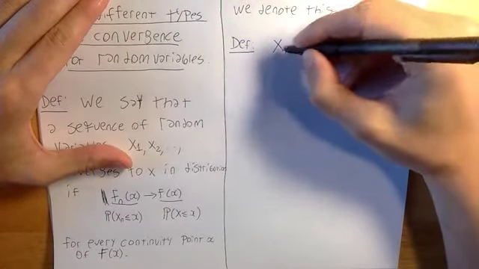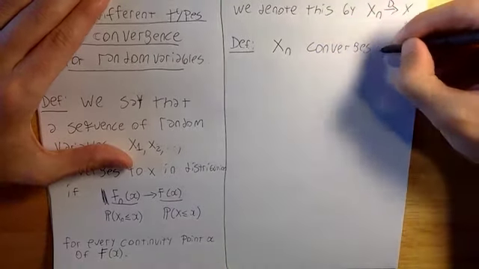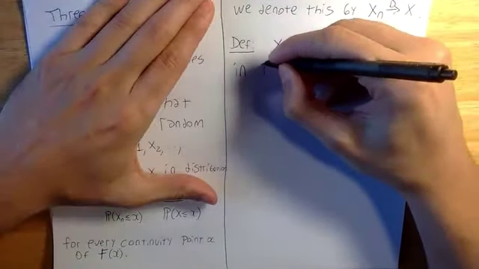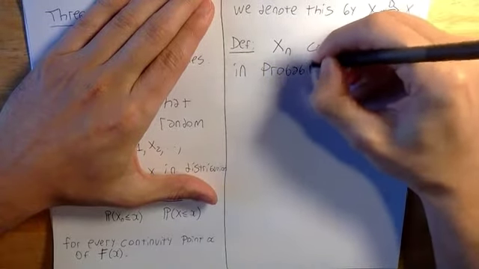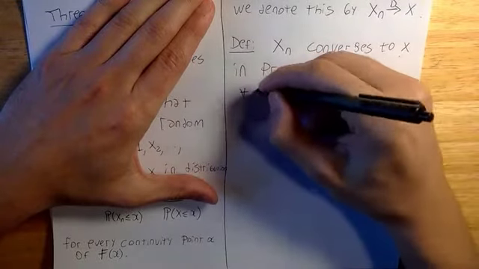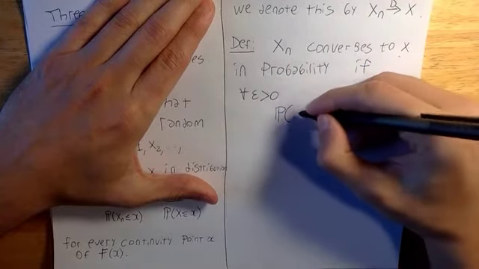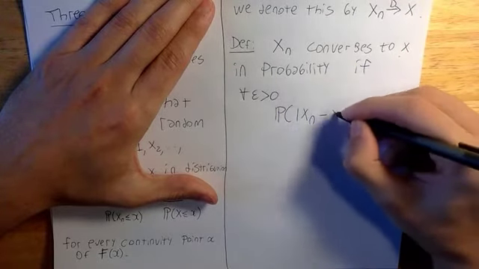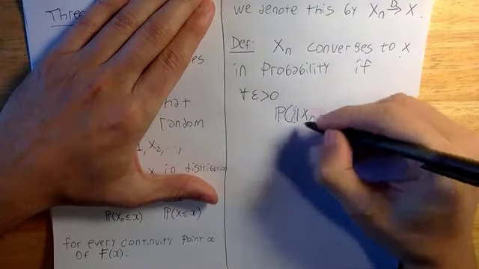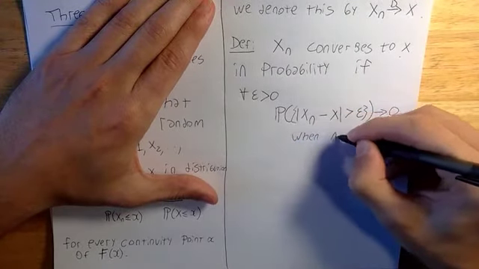Okay, so similarly, xn converges to x in probability if for every epsilon positive, the probability that the absolute value of the difference xn minus x is bigger than epsilon, okay, so this is an event, goes to 0 when n goes to infinity.